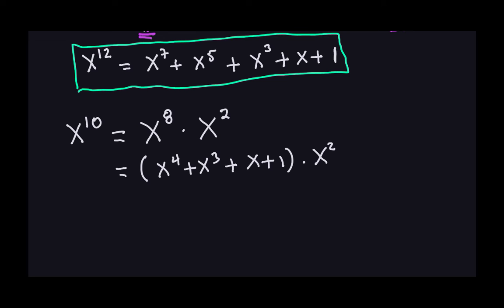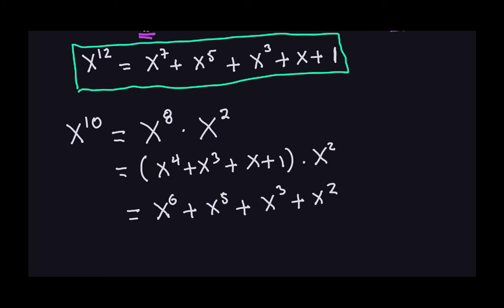All right, so what do we have now? We need to reduce that x to the 10, right? So multiply it out. I'm going to take the x squared and multiply by x to the 4, x cubed plus x plus 1. I'm going to go a little bit faster here. x squared times x to the 4 is x to the 6, plus x to the 5th, plus x cubed, plus x squared.